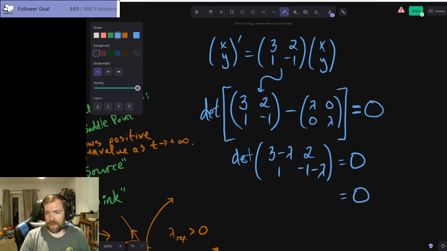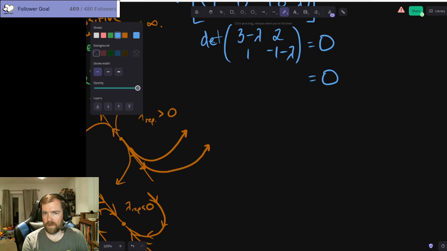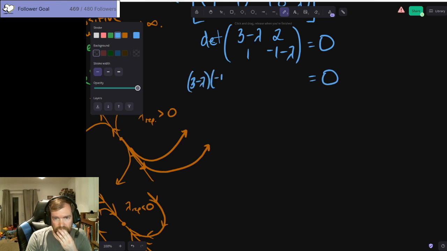All right, so with that, what's this going to produce for this particular matrix? You take the product of 3 minus lambda and minus 1 minus lambda, and subtract 2 from that.